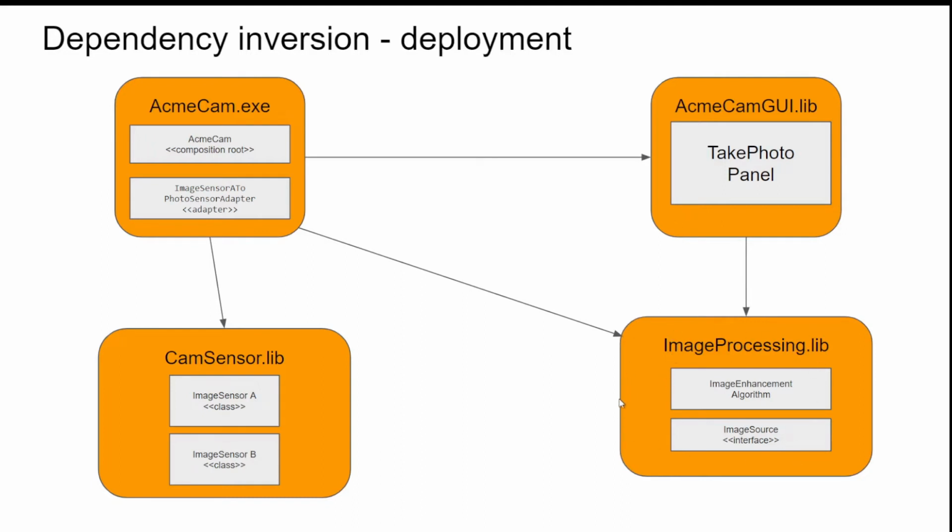Probably you remember in the previous step, we had a dependency from the image processing lib to the camera sensor library, because the camera sensor interface was there, and the algorithm was using that interface. But now we package this image source interface together with the image enhancement algorithm. That's why the dependency is inside this library. So this one depends on this one, but actually it is inside the same library. That's why there are no external dependencies of the image processing lib.